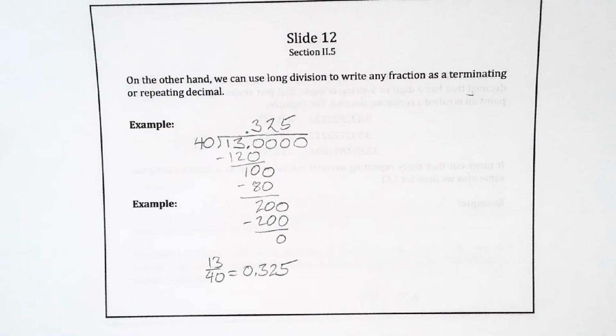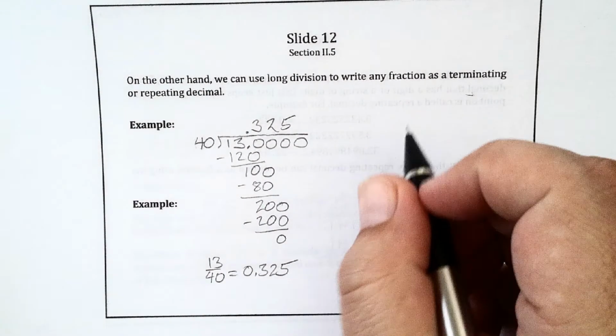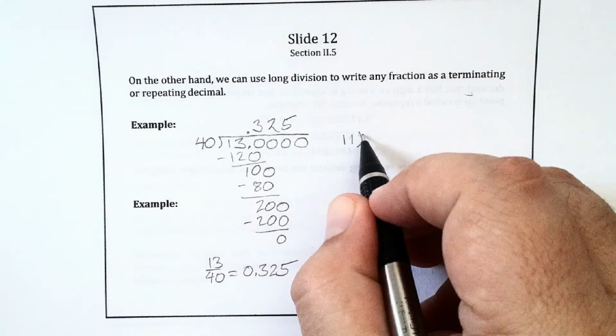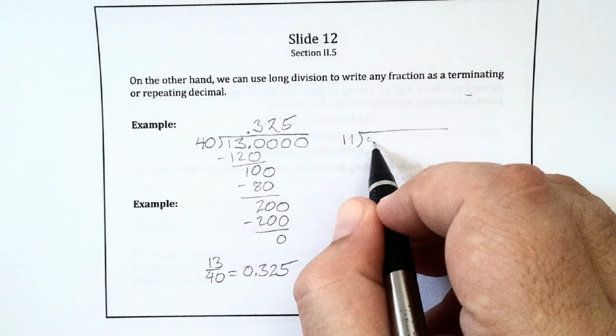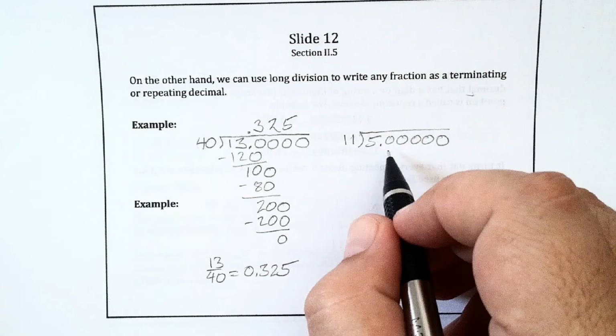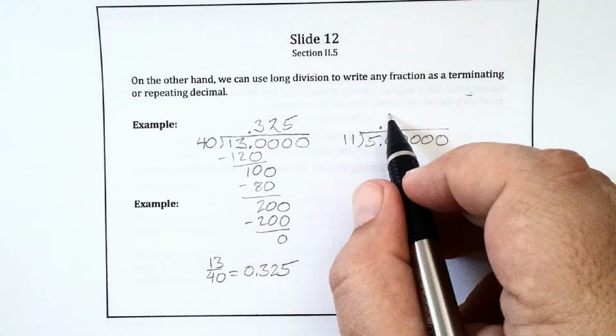Now this also works for fractions that would give you repeating decimals. For example, let's try 5 over 11. So if I divide 11 into 5, see 11 goes into 50 4 times.